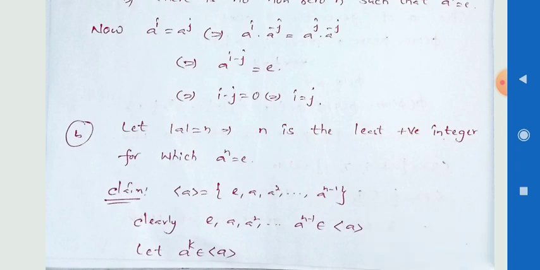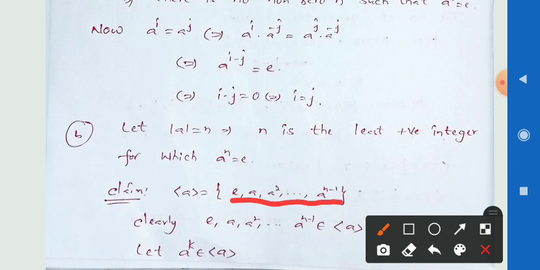Then a is the generator of the given group. Clearly e, a, a squared, up to a^(n-1) belong to the generated group <a>, so these are the elements of <a>.